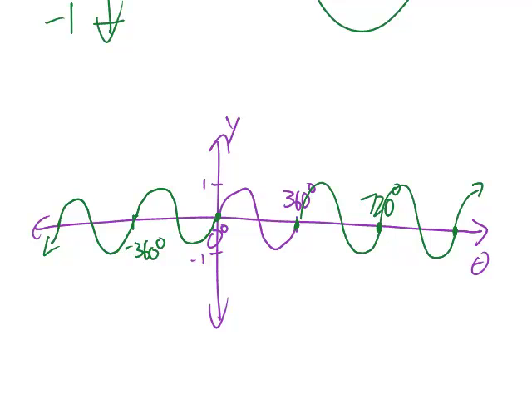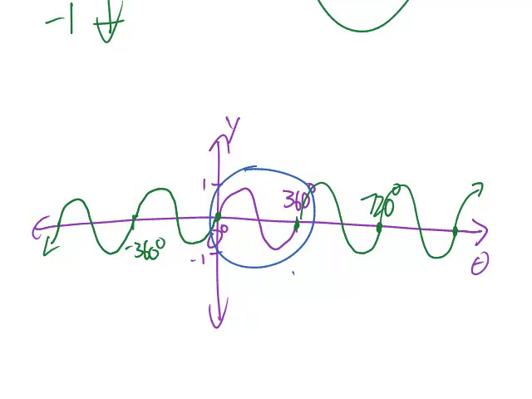I find it on a graph, or I use a calculator. 0 to 360 is really the only thing that matters in this case. Once we have it, everything else is a copy of it.